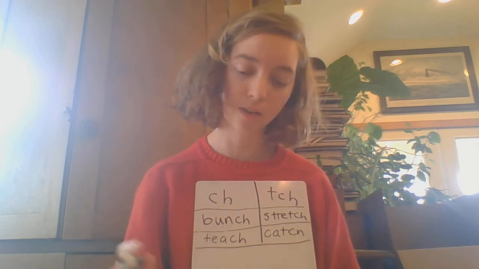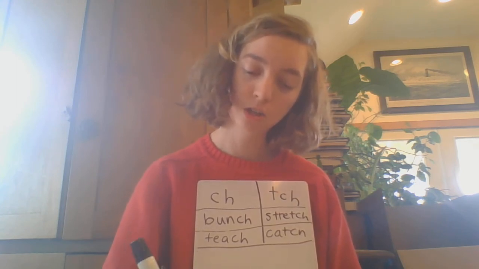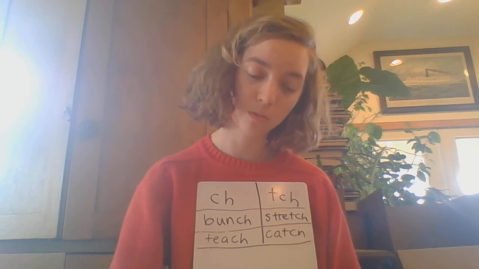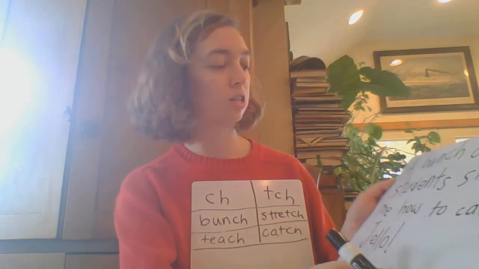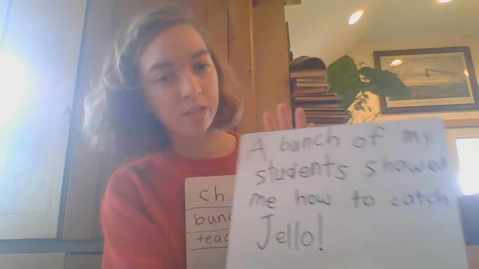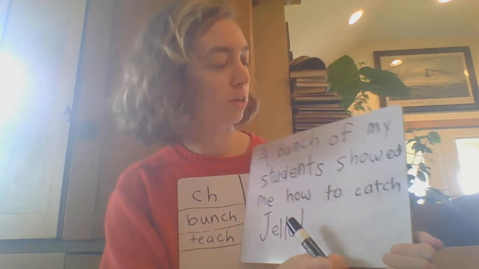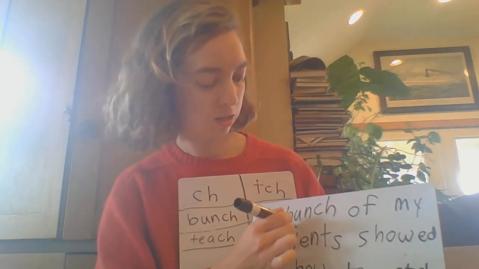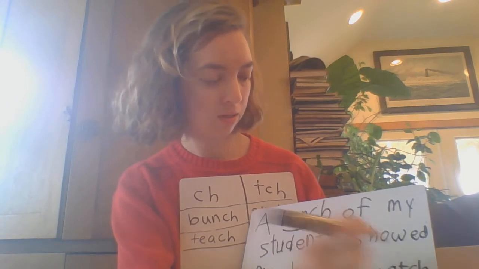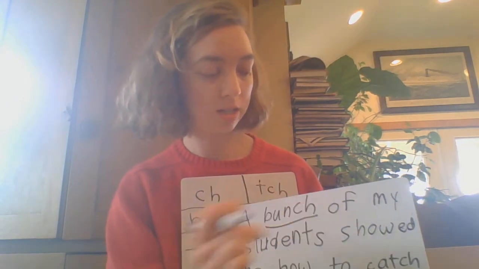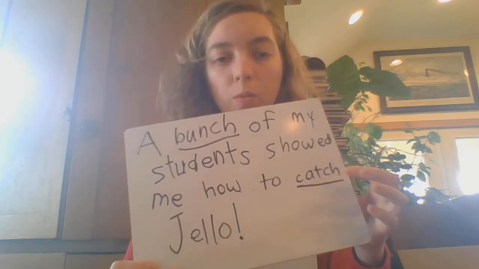If you realize you didn't write something as neat as you can, just erase it and then try and write it in your neatest possible handwriting, okay? Alright, so that looks a lot better. A bunch of my students showed me how to catch Jello, and I want you to underline where you have your CH and your TCH words, okay? Because those are the special words that we are learning this week.